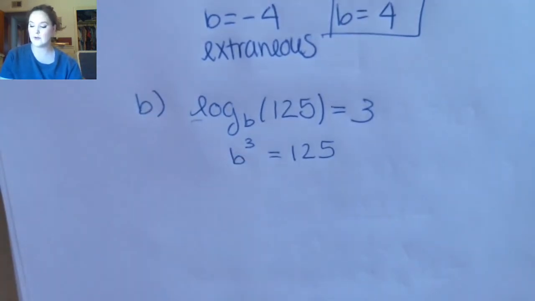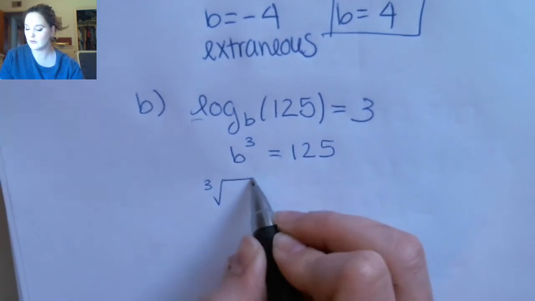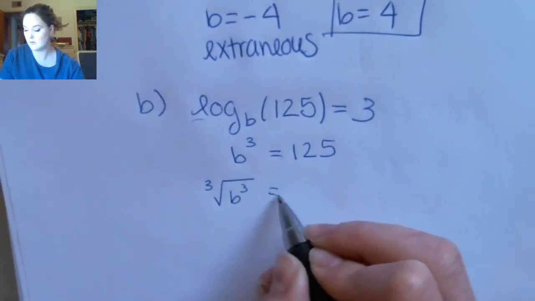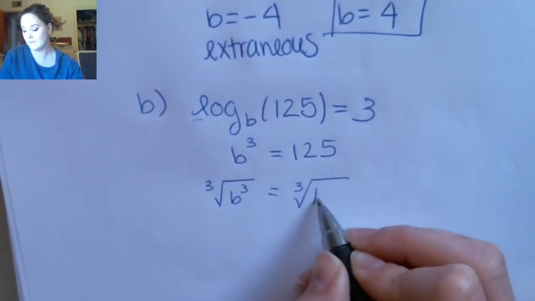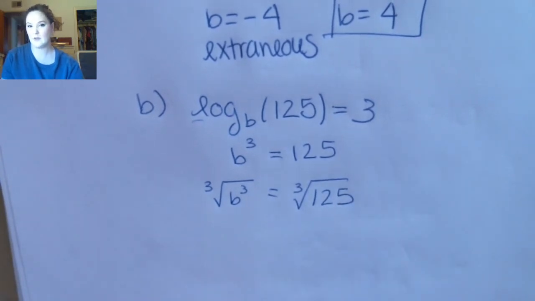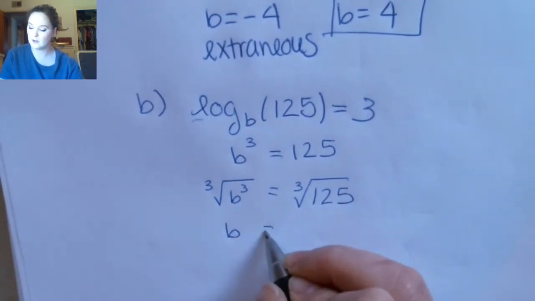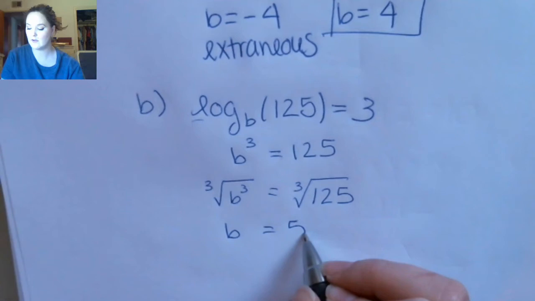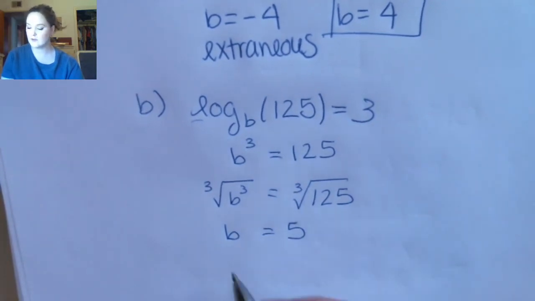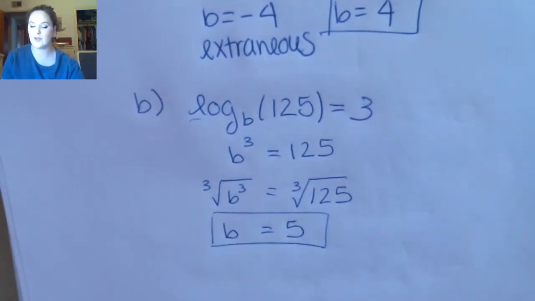Right, and now to get rid of the cube, we need the cube root. Cube root of b cubed is b, cube root of 125 is 5. So we have a single solution, it's positive, so we know that's a good solution. Okay, let's look at one more like this.